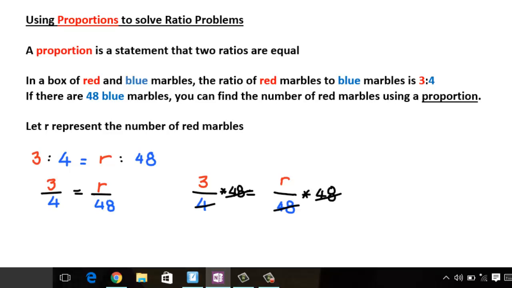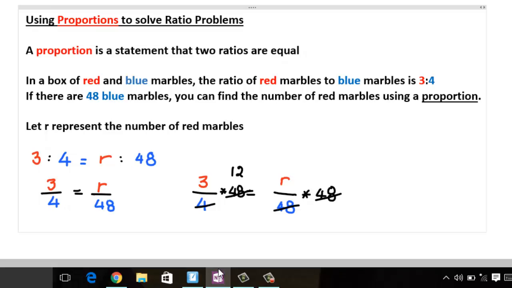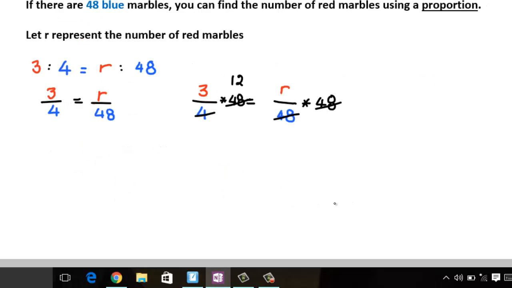If I divide 48 by 4, it gives me 12. So that means I need to complete this equation by saying 3 times 12 equal 36, equal to R. That means R equals 36 marbles.